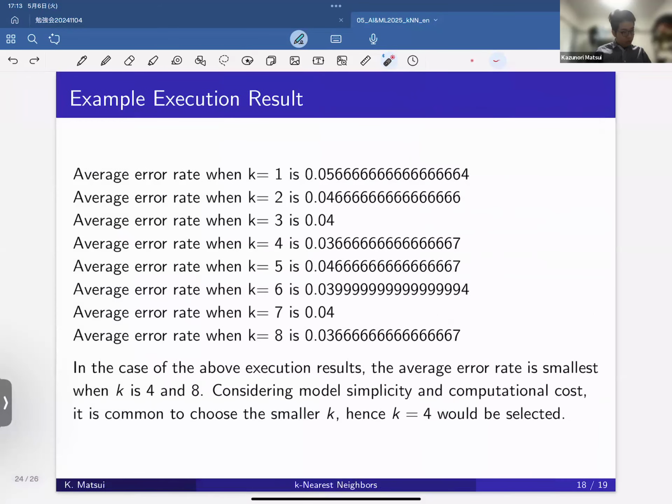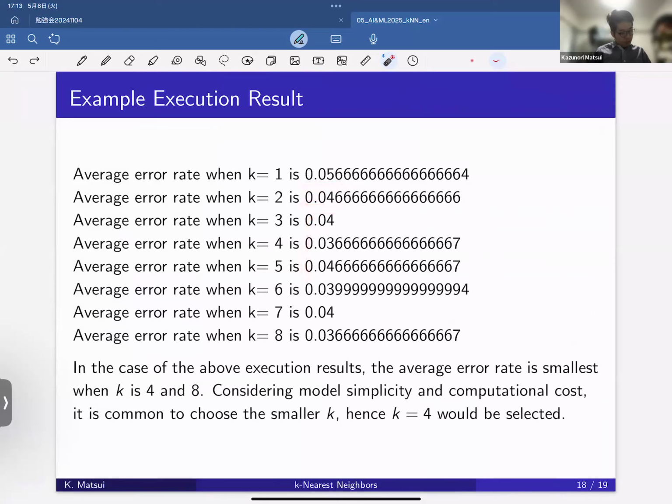For example, when we actually run this, the average error rate might be 0.056 when k is 1, 0.0646 when k is 2, and so on.